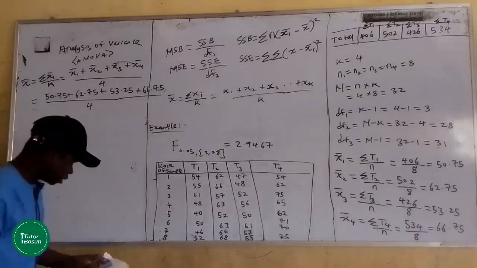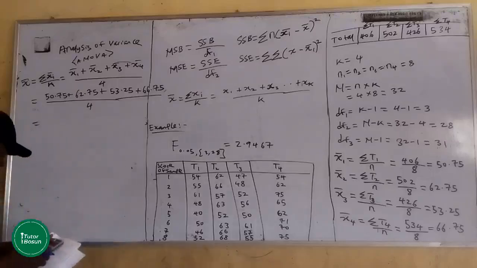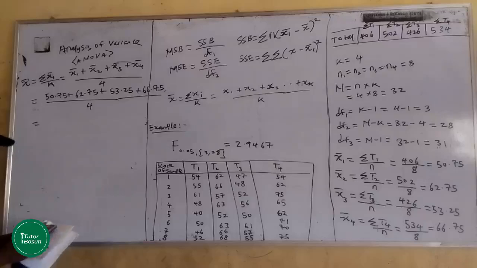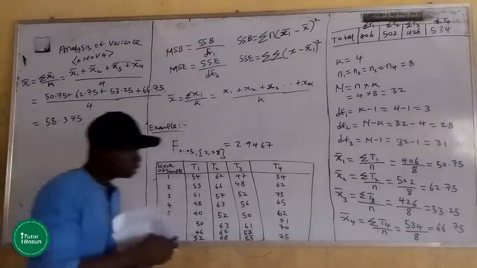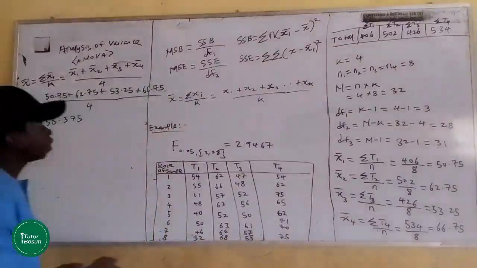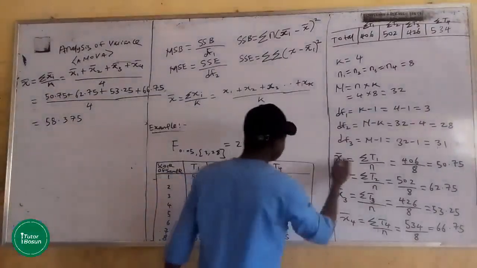So let's compute that: 50.75 plus 62.75 plus 53.25 plus 66.75, divided by 4. The overall mean gives us 58.375.